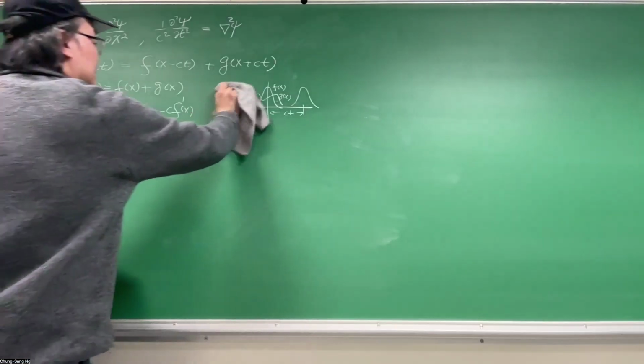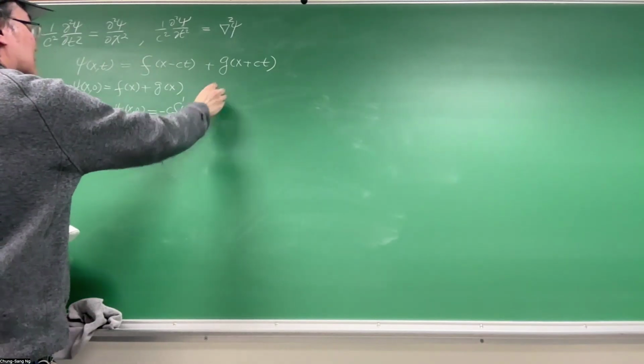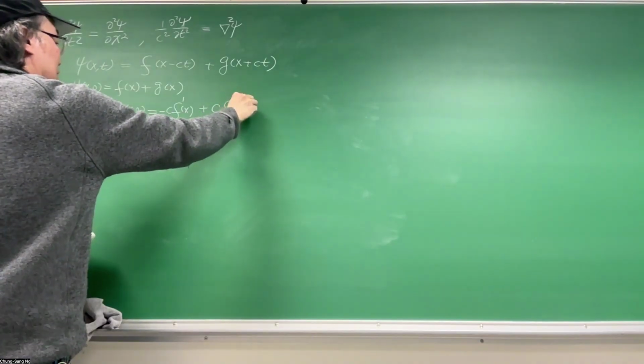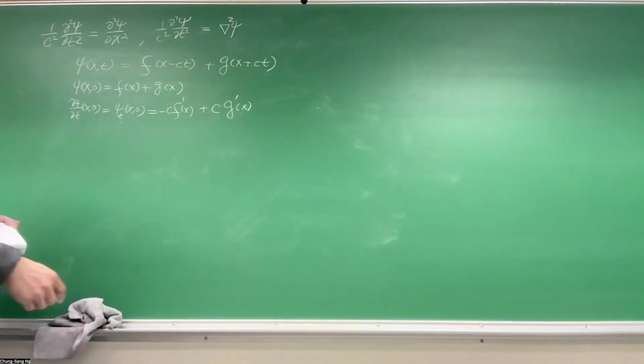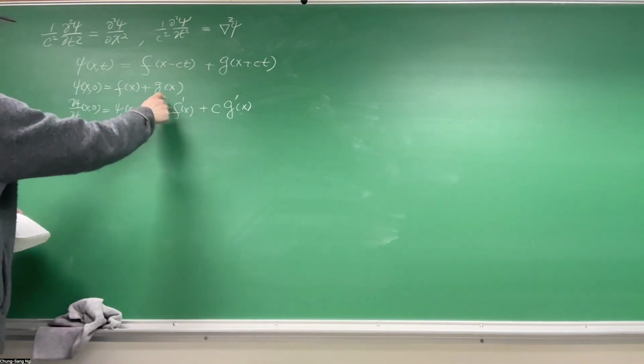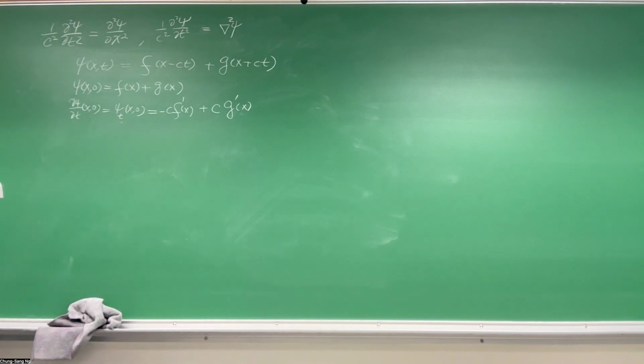And then the second term picks up a plus c and g prime. Okay, and now you want to solve for f and g given these two conditions, right? And the idea is, what you can do is, this is like a differential equation.